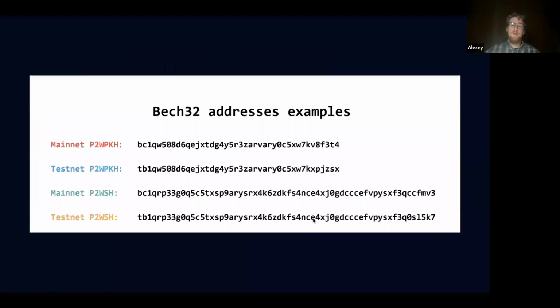Now let's look at a few examples of bech32 addresses. And well, as you see, comparing it to base 58, it does not carry most of the disadvantages that exist in base 58. So this algorithm solves a lot of problems that base 58 has.